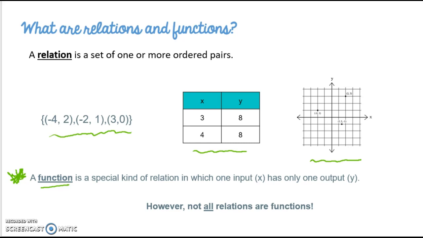And a function is a special kind of relation in which one input has only one output. So that means not all relations are functions, because to be a function, you can only have one output for every input. That is very important.